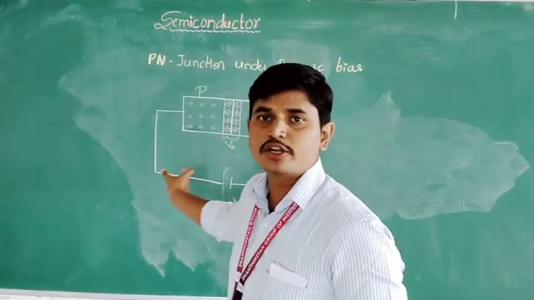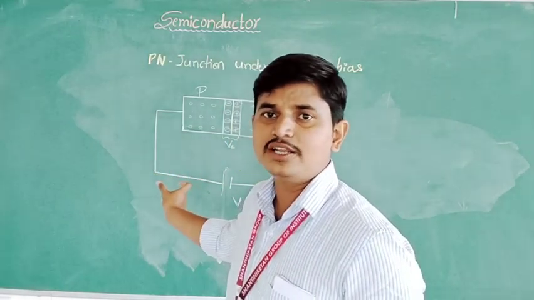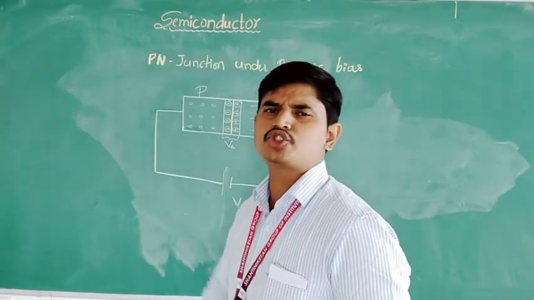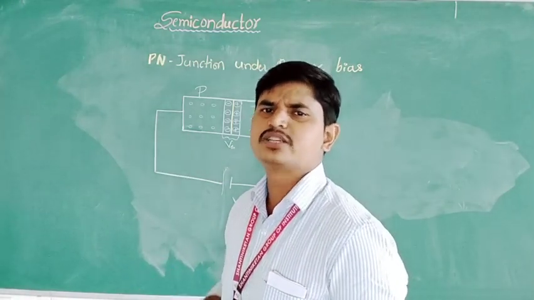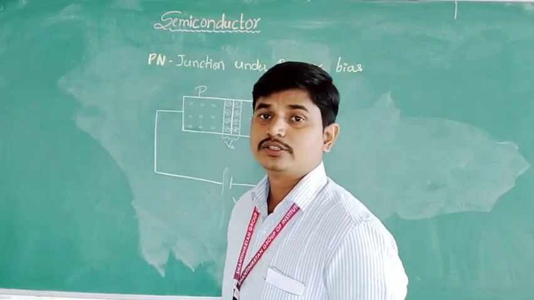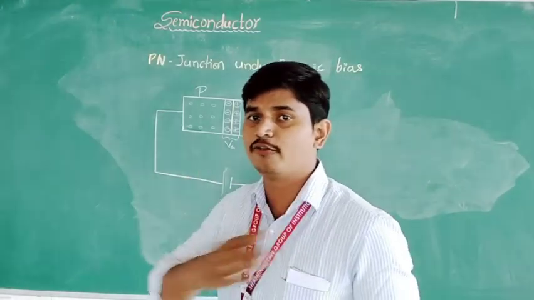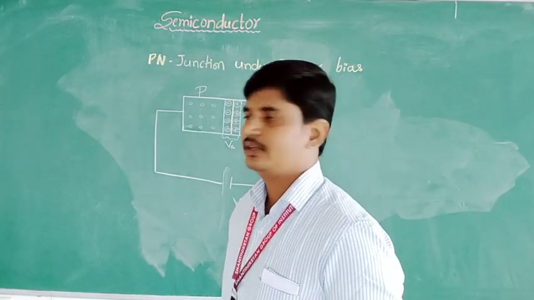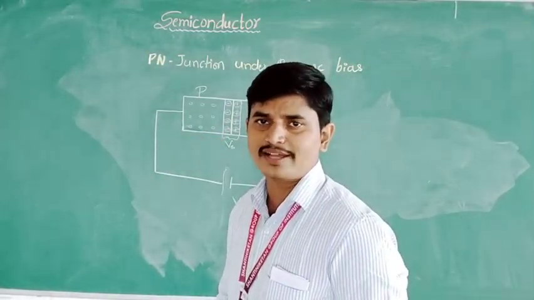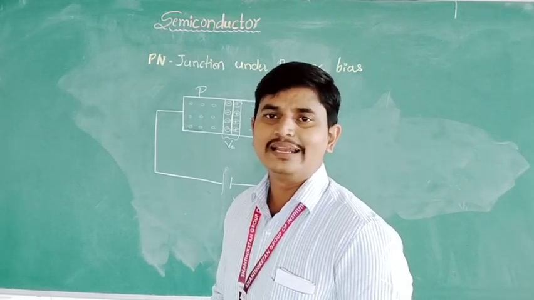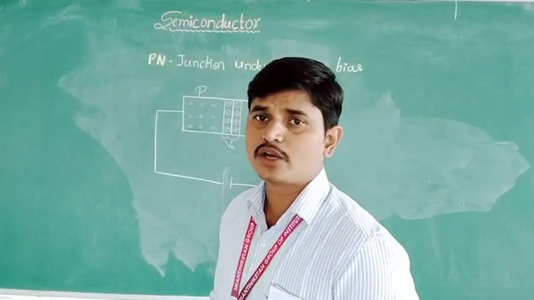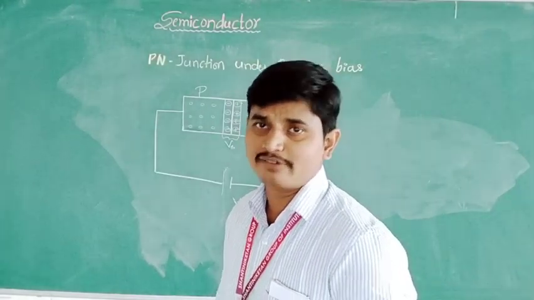So once the applied voltage is equal to the barrier potential, the opposition is almost equal to 0. There is a very small opposition there, but the maximum charges will flow through the junction. That's why the current flowing through the junction under forward bias is in the order of milliampere.